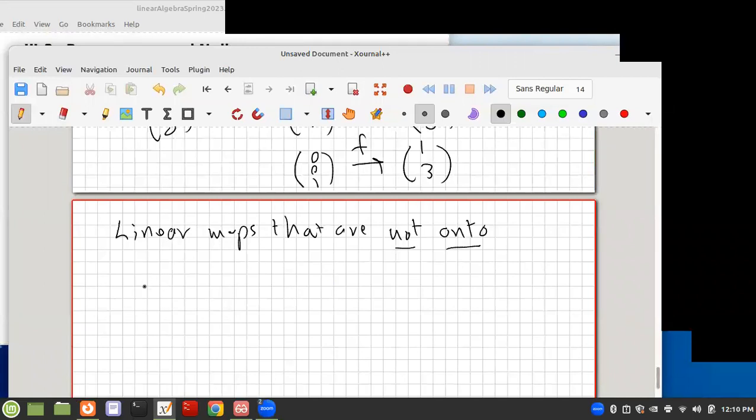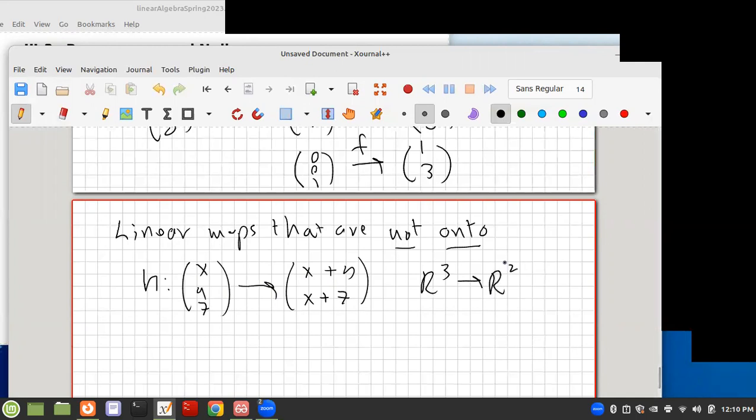Okay, so I could take, let's say, a map H from (x, y, z) to (x plus y, x plus z), from R3 to R2. So how do I know if this map is onto or not?